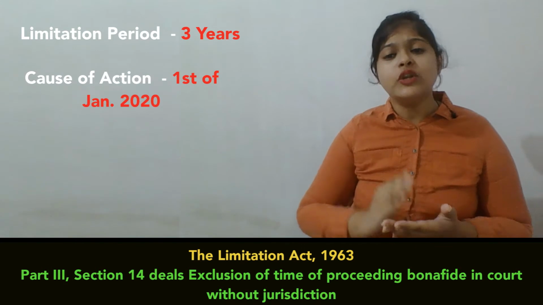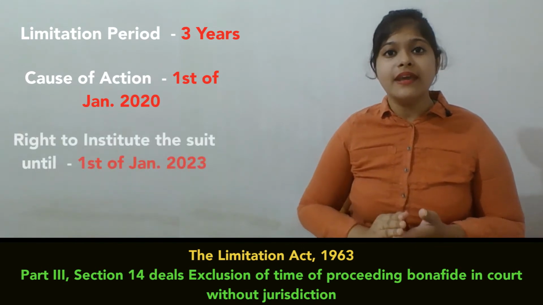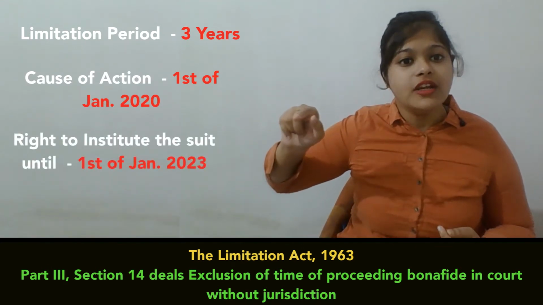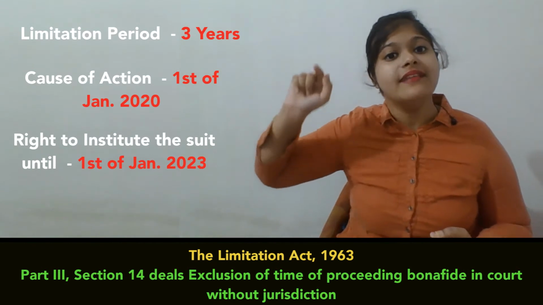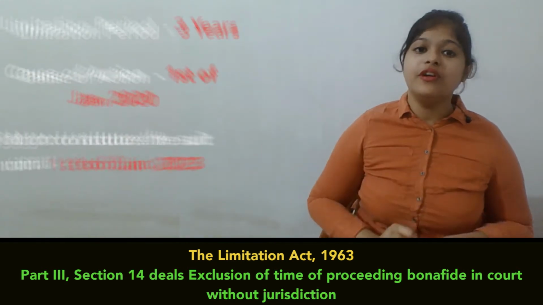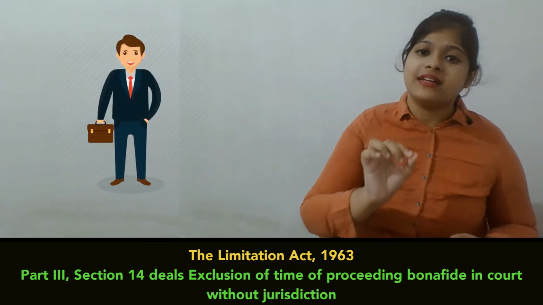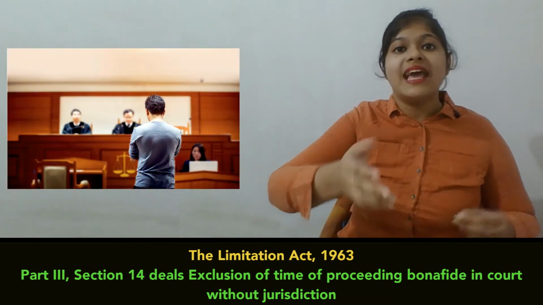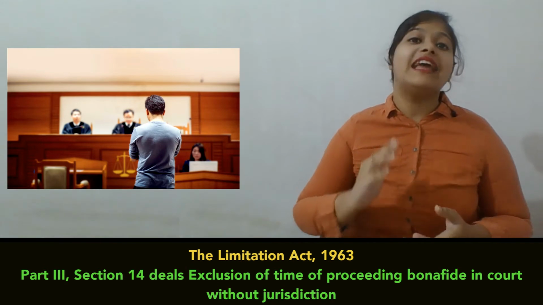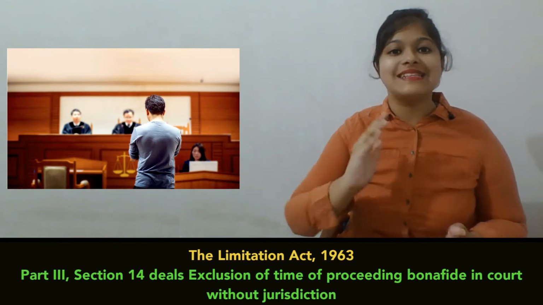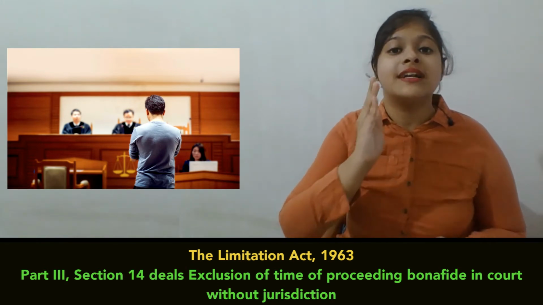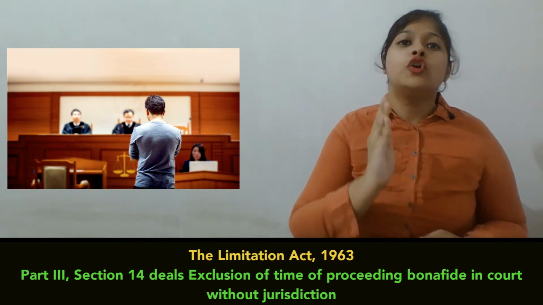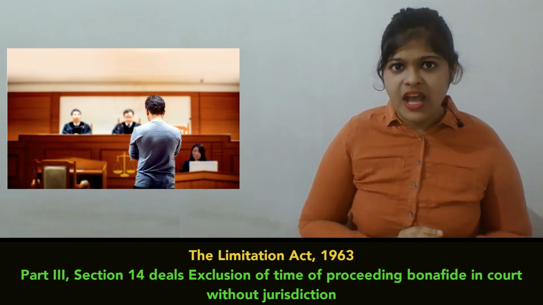Then the right to institute the suit will last until 1st of January 2023. However, A, an interested party to the suit, files a suit in the court with X jurisdiction, in good faith knowing that X is the jurisdiction, on 31st of December 2022.